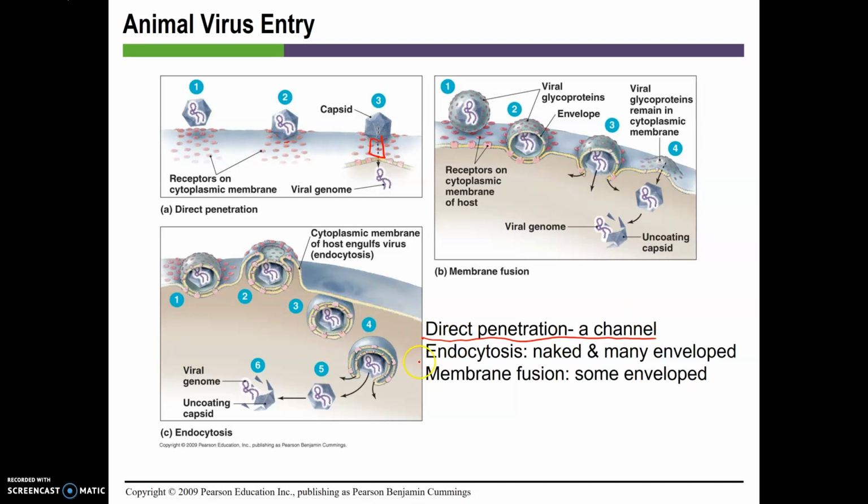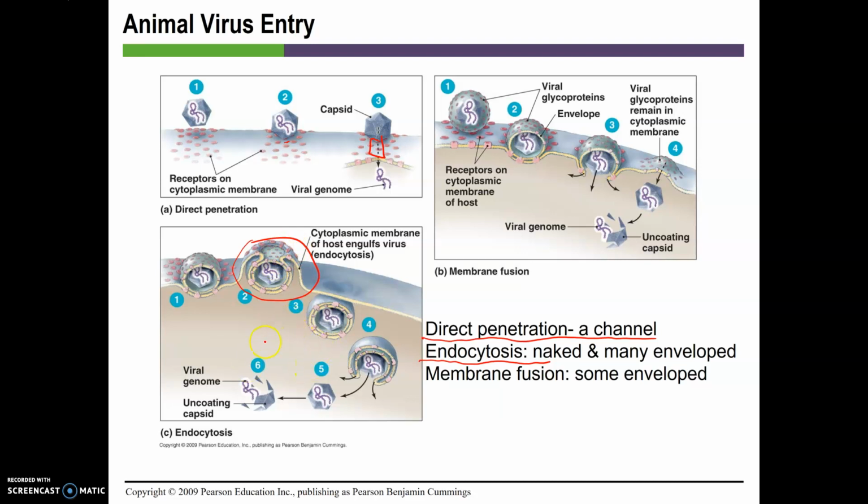The other mechanism is endocytosis, and pretty much any virus could use this on an animal cell. Endocytosis, if you might remember from another class, is basically when the cell pinches in a piece of the membrane. So once the virus is attached, that cell is somehow stimulated to pinch that piece of membrane inside.